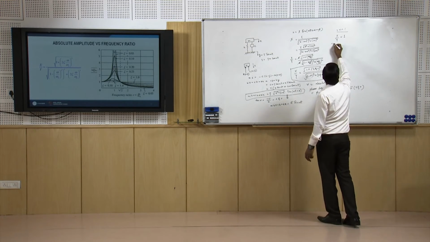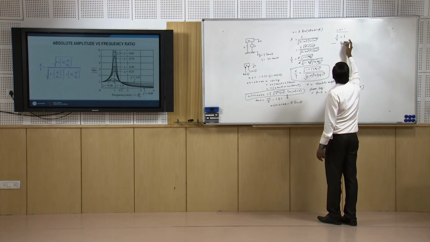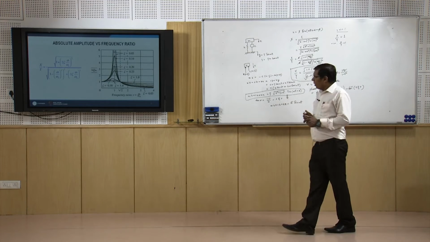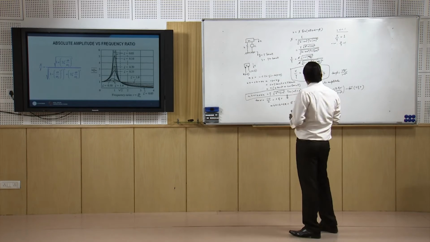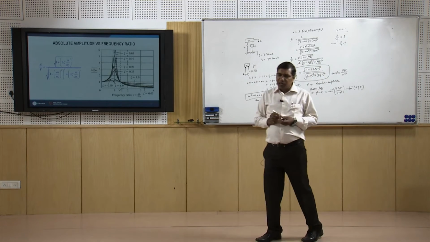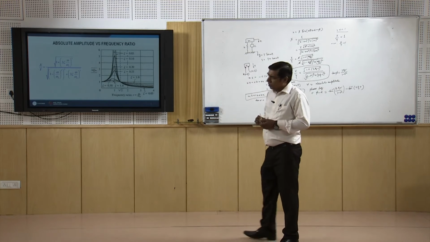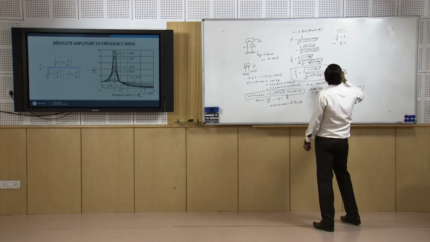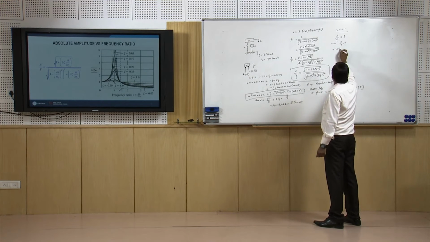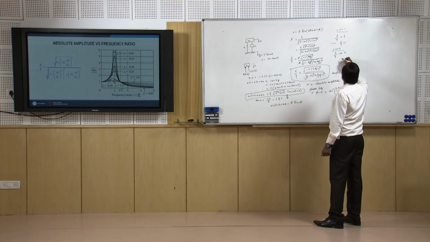So for the lower values of r, x by y is approximately 1 irrespective of any damping value. So all the curves start with x by y equal to 1, and when r is much greater than 1, x by y is tending to 0.